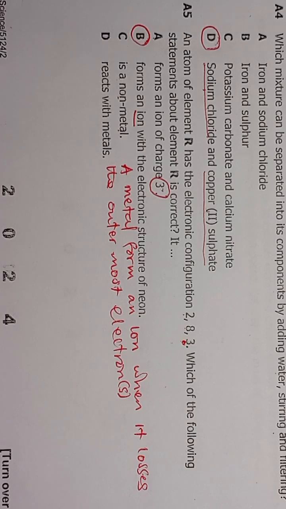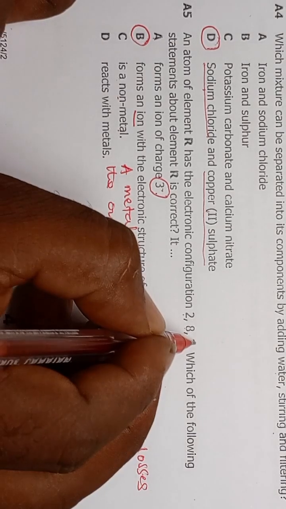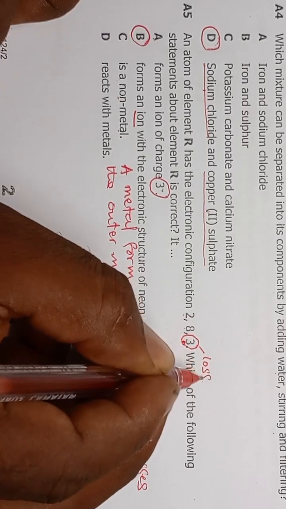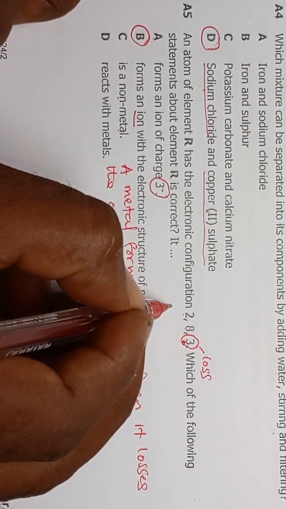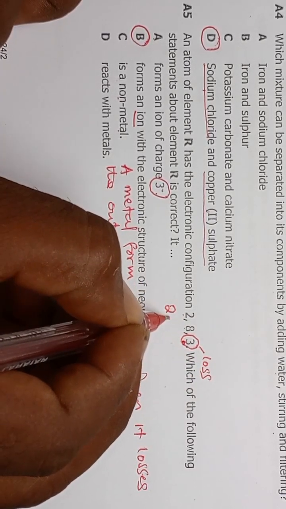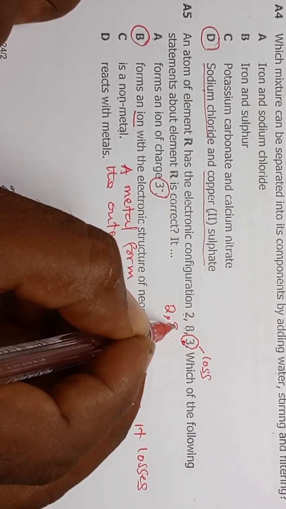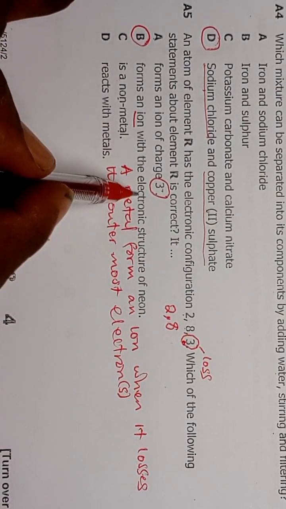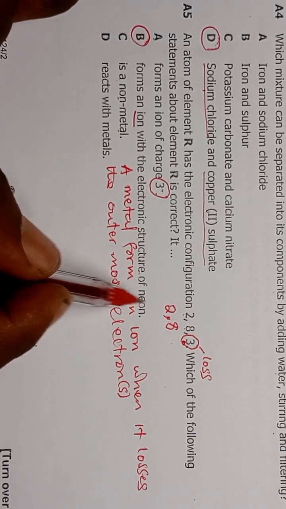In this case, aluminium will lose 3 electrons to form an ion. So the electronic configuration of the aluminium ion is 2, 8. And 2, 8 is the electronic structure of neon.